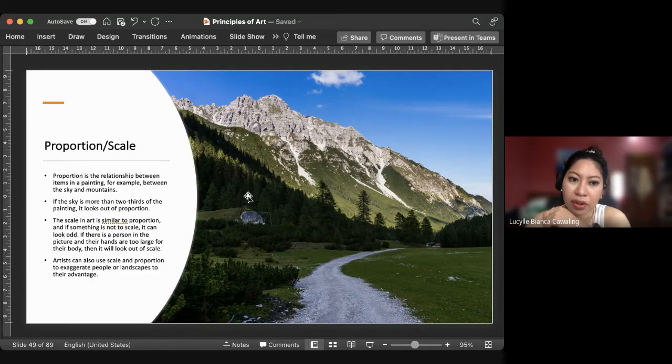So, for example, the sky and the mountains, or the road and the mountains, the proportion is that the sky is bigger and the road is smaller compared to the mountains.